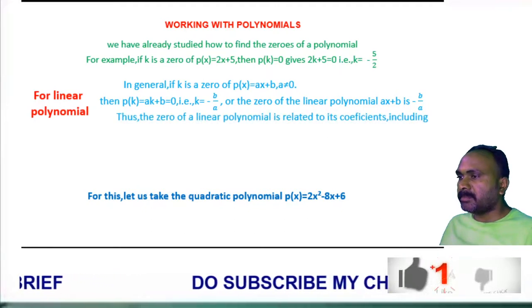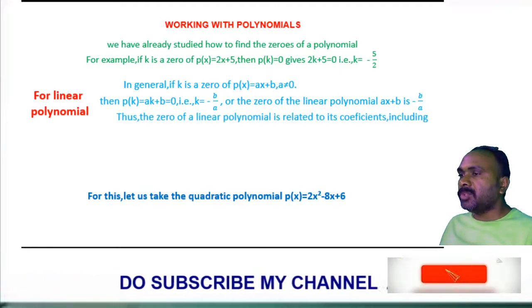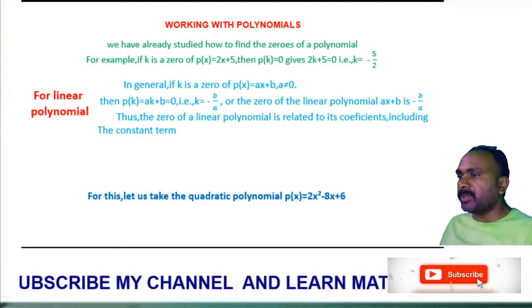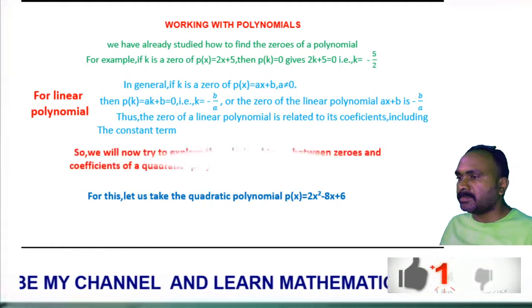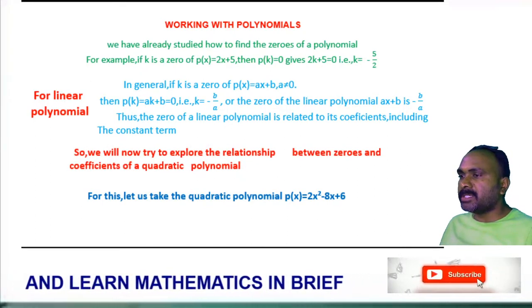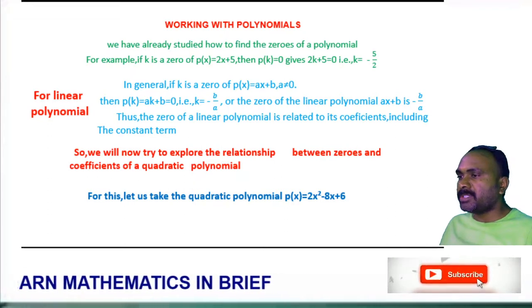Thus, the zero of a linear polynomial is related to its coefficients including the constant term. So, we will now try to explore the relationship between zeros and coefficients of a quadratic polynomial.